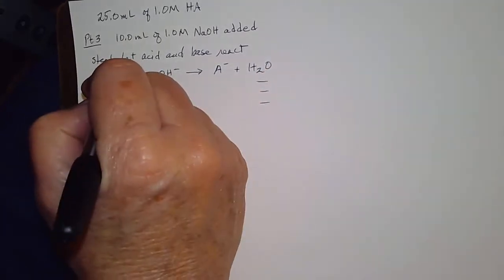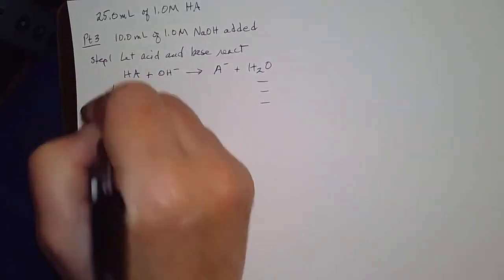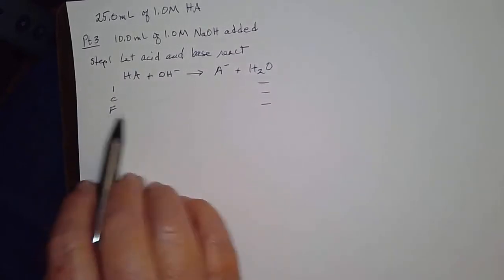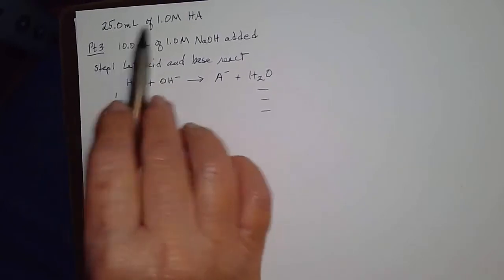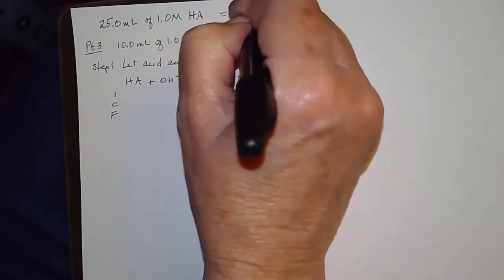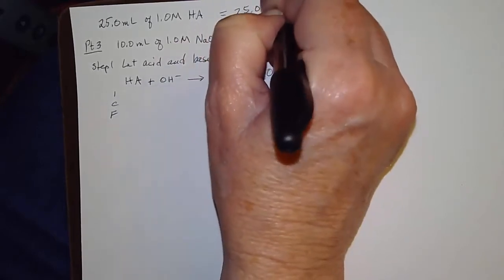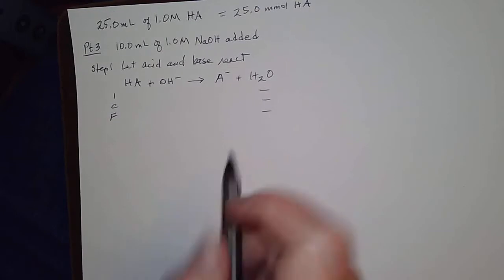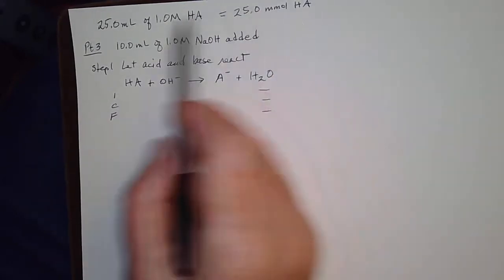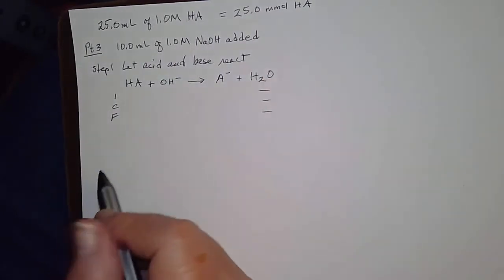And remember, we're going to do our ICF: initial, change, final. So initially, what do we have? Well, I gave you 25 mils of 1 molar acid. So we're always going to start these with 25 millimoles of the acid. I'm not going to do that calculation each time; M times V gives me that.